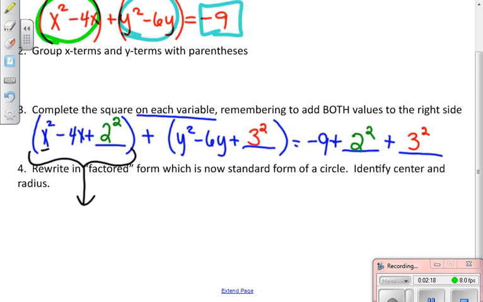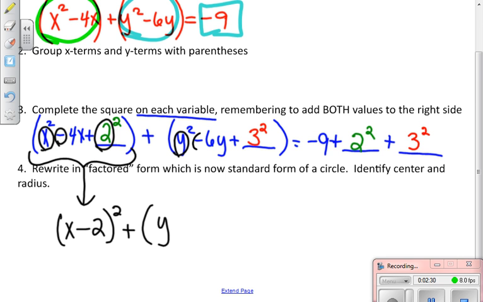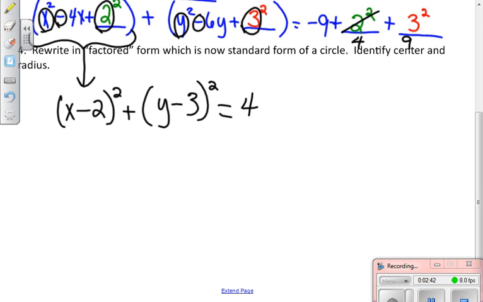So this becomes the base, the sign, the base, quantity squared, plus the base, the sign, the base, quantity squared, equal to, what do I have over here? I have negative 9, I have 4, I have positive 9, equals 4.